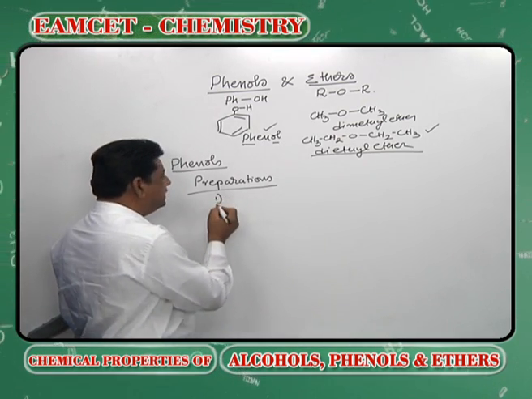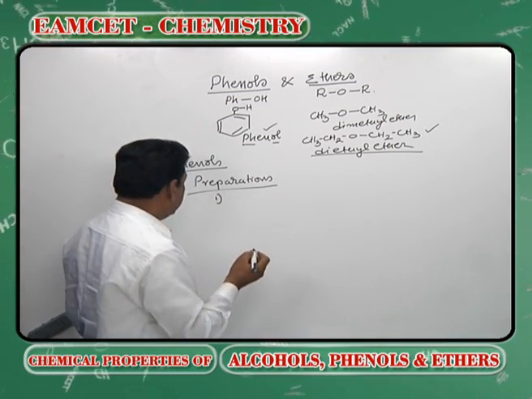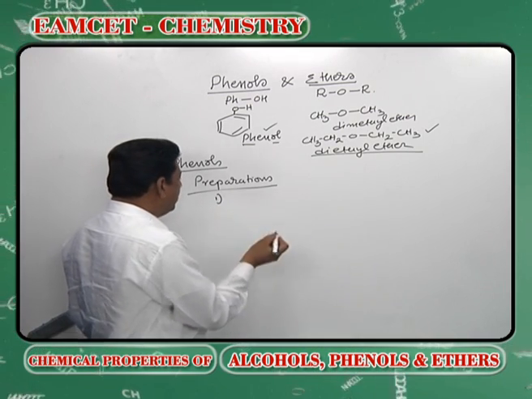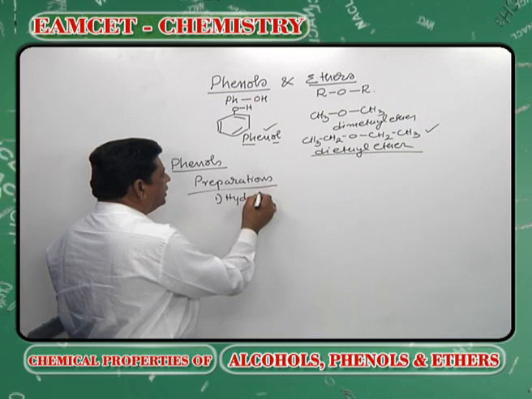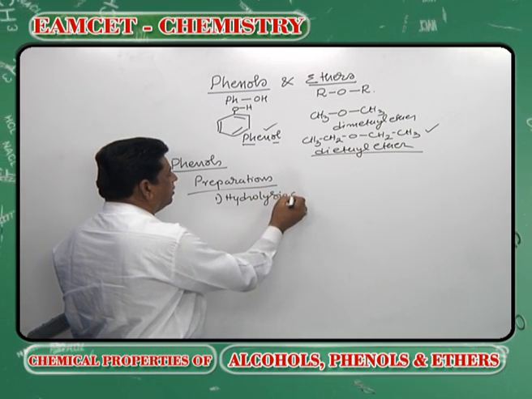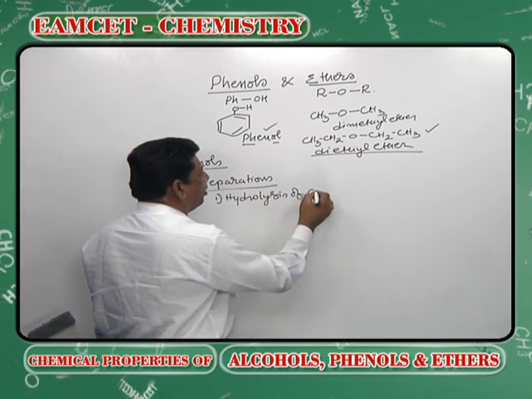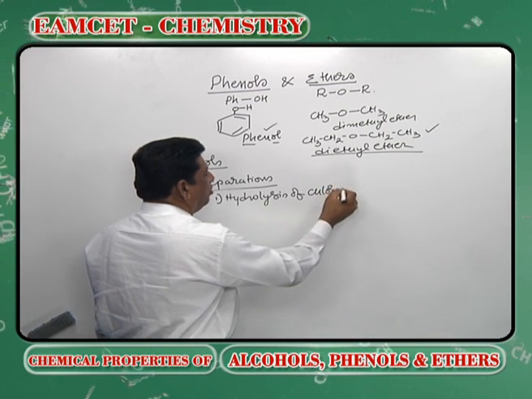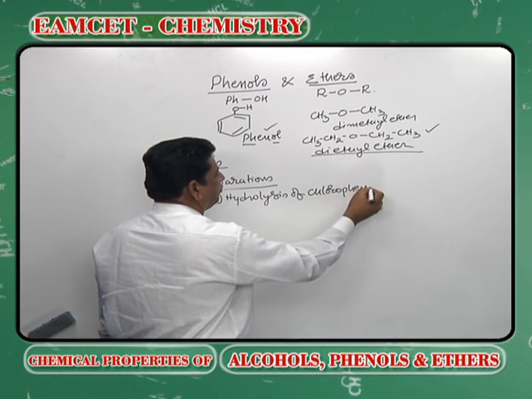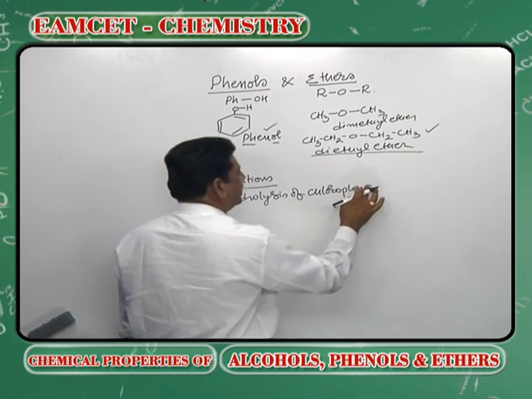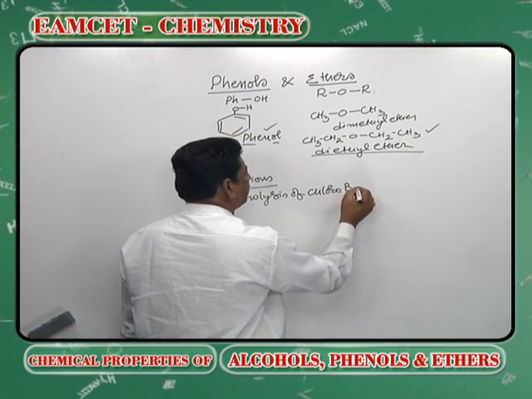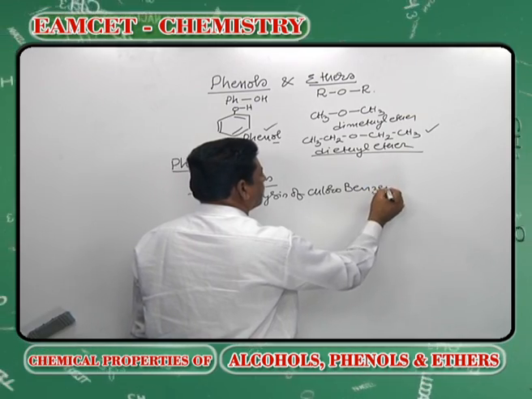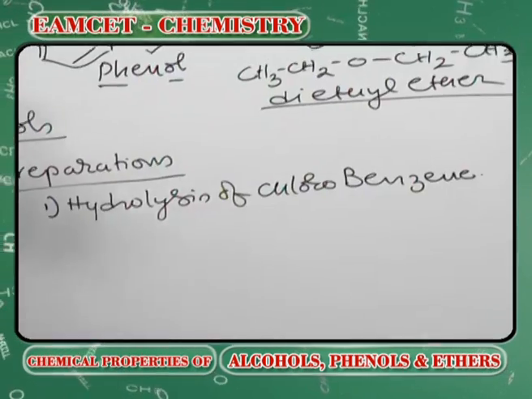The first method is somewhat common to the alkyl halides, but here it is the hydrolysis of chlorobenzene, or phenyl chloride.